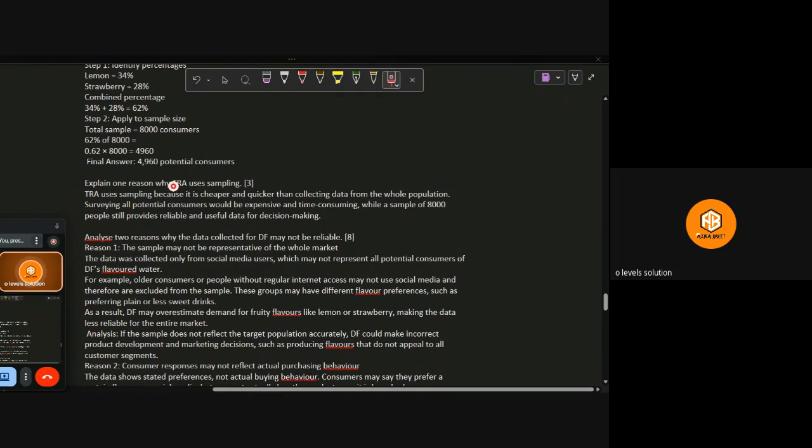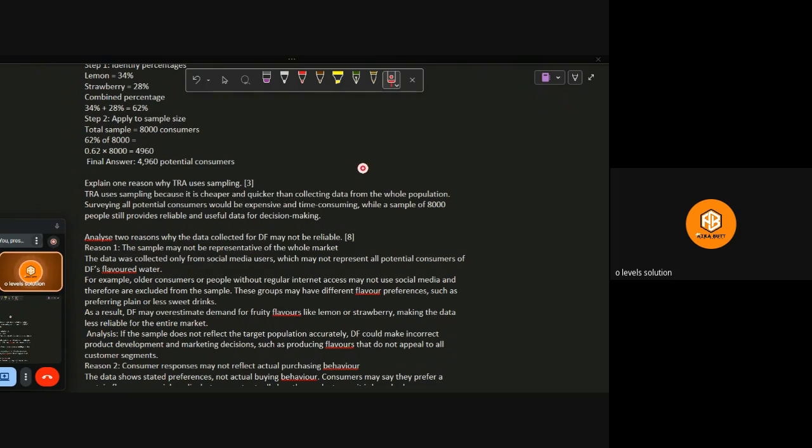Then we have the next question, where we need to explain one reason why TRA uses sampling. It means we simply need to write the importance, or advantage, of sampling. TRA uses sampling because it is cheaper and quicker than collecting data from the whole population. Of course, it's not possible for someone to collect information from the whole population. That's why we have to go through sampling.